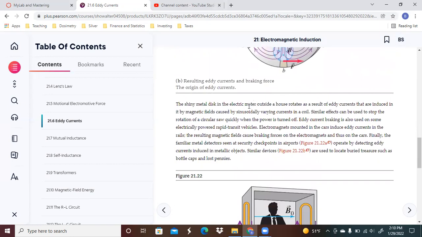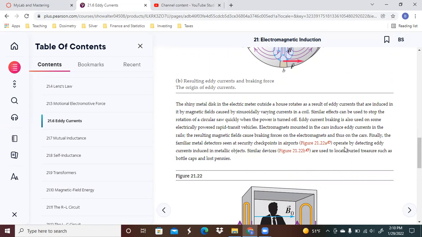So the shiny metal disc in the electric meter outside a house rotates as a result of eddy currents that are induced in it by magnetic fields caused by sinusoidally varying currents in a coil. Similar effects can be used to stop the rotation of a circular saw quickly when the power is turned off.